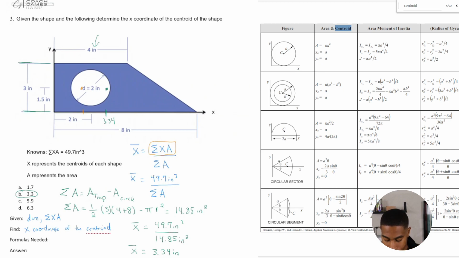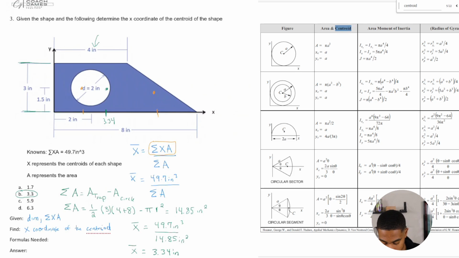So being able to identify and make sure you understand what's going on is really important, so you can normally rule out certain answers. It probably wouldn't be all the way at 6.3 either. So that's probably about here, and I think that's not going to be at the center of the shape.